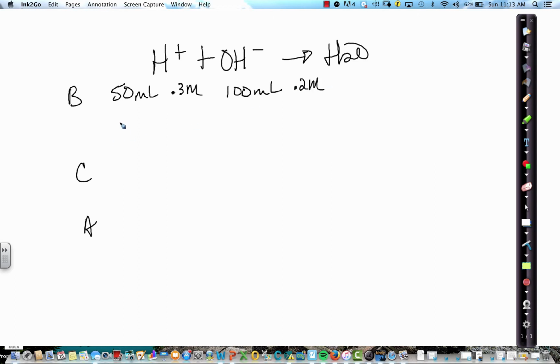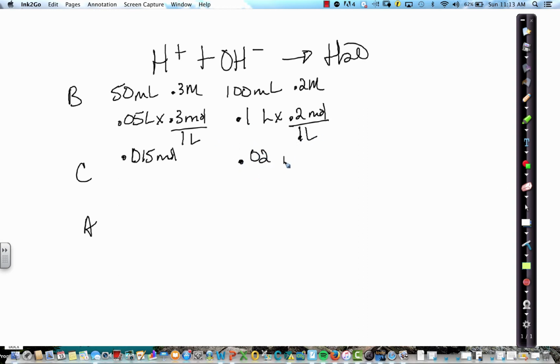So 0.05 liters times 0.3 moles per liter will give me 0.015 moles. Now we're going to do 0.1 liters times 0.2. So I'm going to have 0.02 here.